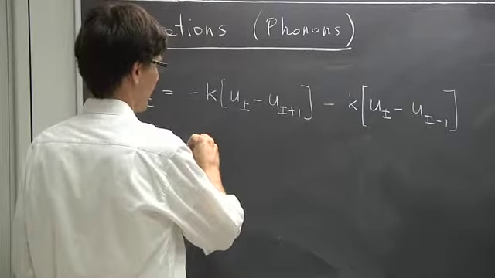Okay, so here I have K Ui plus 1 minus 2K Ui plus K Ui minus 1.